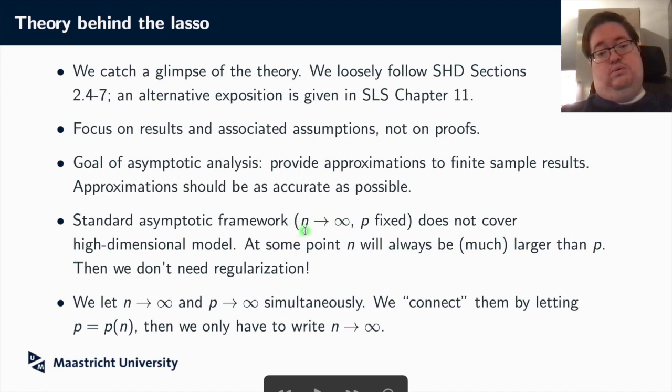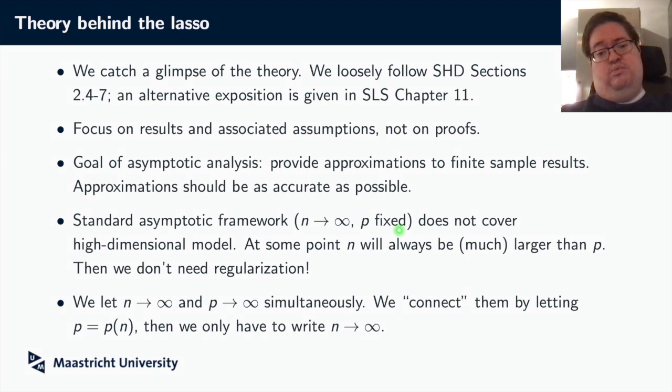Well, we know that if we look at the sample mean of n observations, we can apply the central limit theorem to show that the sample mean, if we scale it correctly, converges to a normal distribution. What we also do, if we look at the regression framework and least squares estimation, is take the number of regressors p to be fixed. It's important to realize that this framework does not cover high-dimensional models.